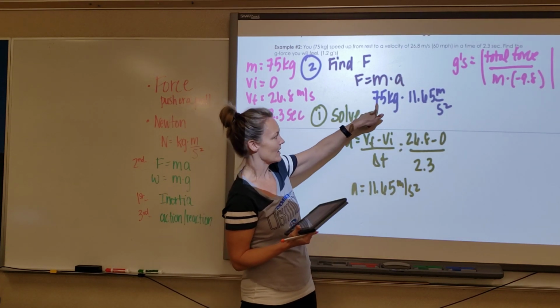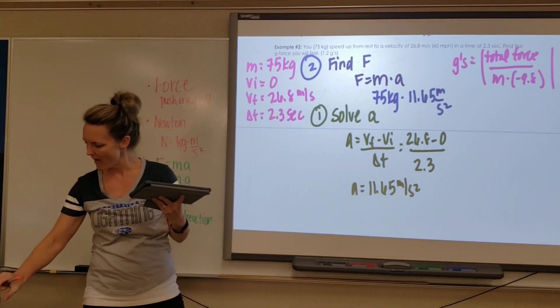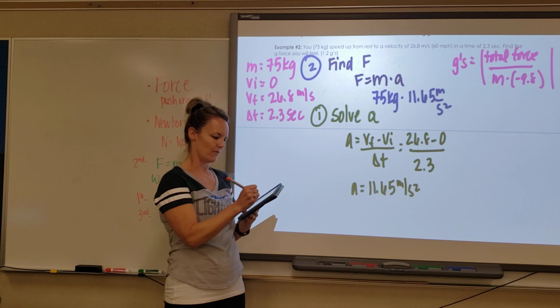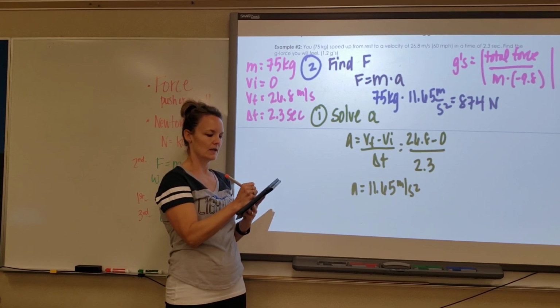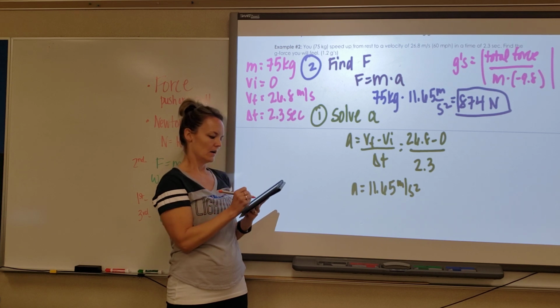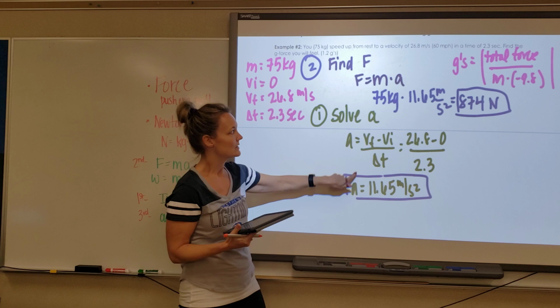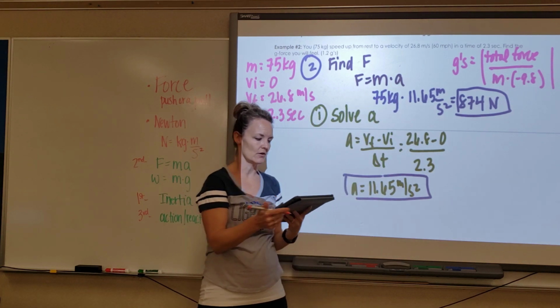So if I take 75 and I multiply it by 11.65, I get 874, and force is in newtons. All right, so I have first found my acceleration so that I could plug it in to solve for my force, and I have 874.